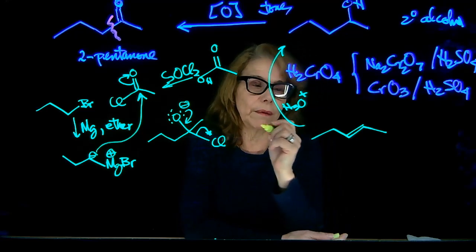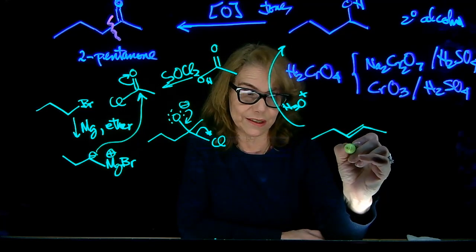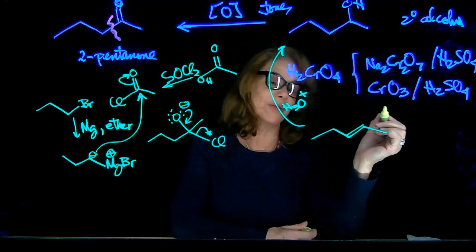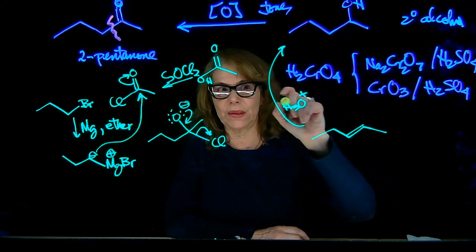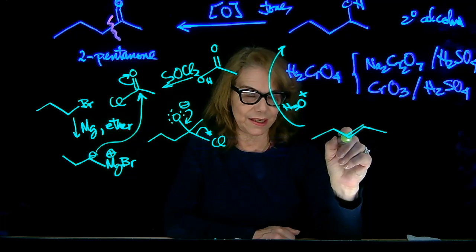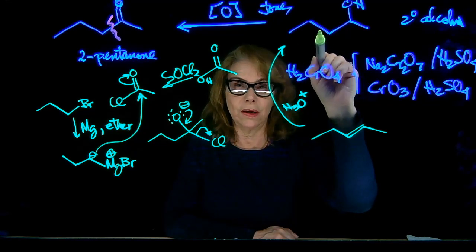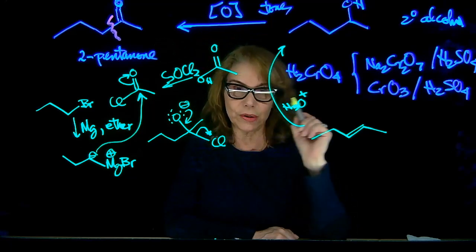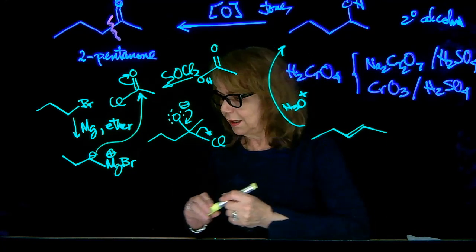Of course, I will probably have to separate the mix. I will have an alcohol in this position and in this position at this point. Now, going backwards, from the alkene, I hydrate, get the alcohol, and then I oxidize the alcohol, get the ketone.